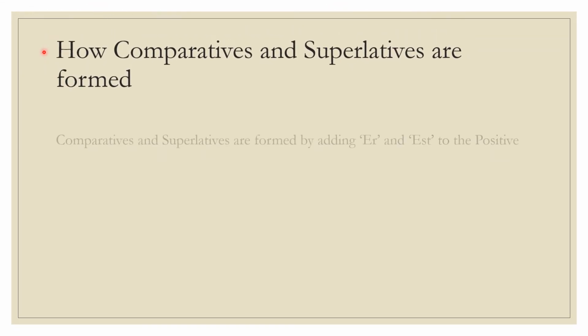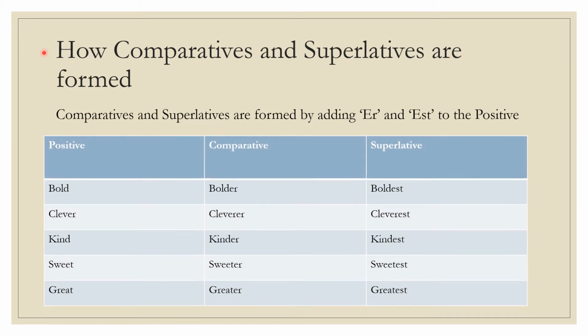Let's understand how comparatives and superlatives are formed. Comparatives and superlatives are formed by adding ER and EST to the positive. Look at this following table. Positive, comparative, superlative. So you form the comparative by adding ER to the positive, and you form the superlatives by adding EST to the positive. Look at these examples.